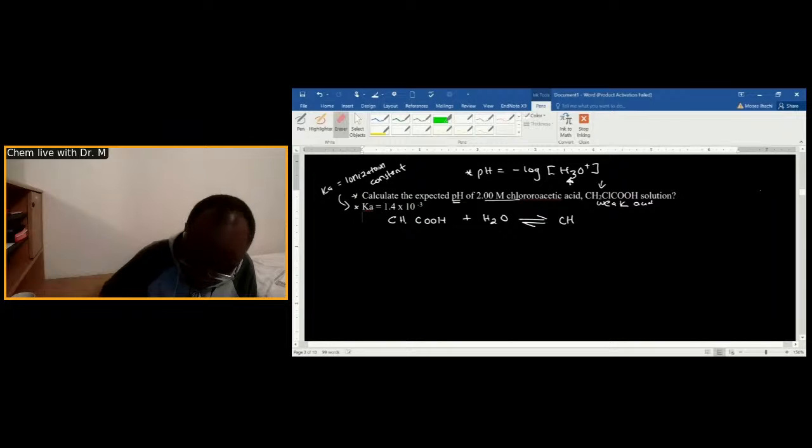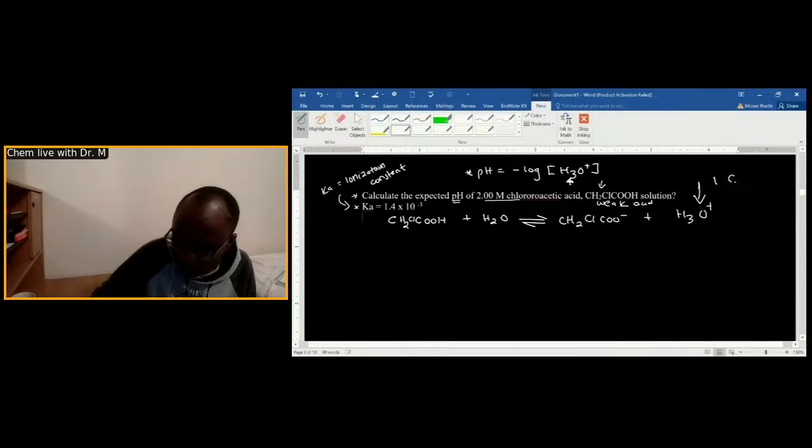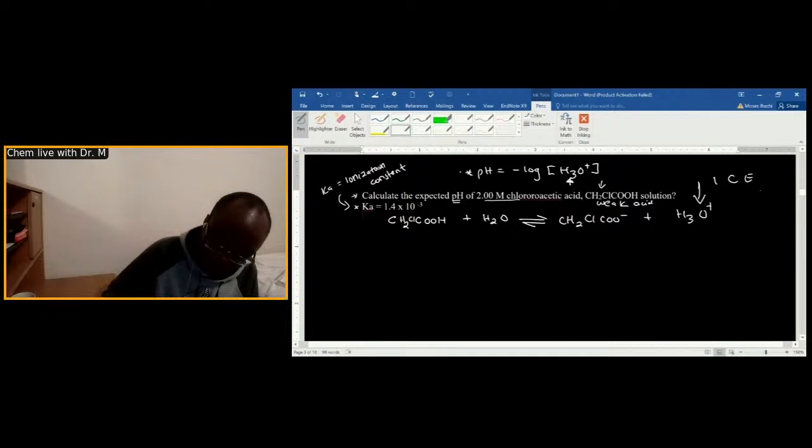It's not acetic acid, so the chemical equation should be chloroacetic acid plus water gives you chloroacetate plus H3O+. So we need to determine the concentration of this using an ICE chart because this is a weak acid. You do that for weak acids and weak bases, and then use the concentration with this formula right here.